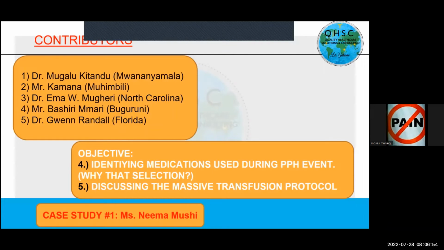But my plan is that when you come here, we will discuss and develop that protocol and try to implement it if it would work in our setting. What is frustrating us is the availability of blood. Sometimes we don't have blood or blood products.